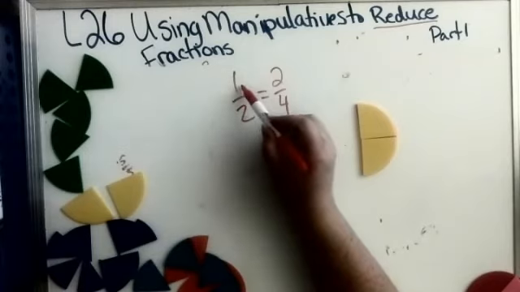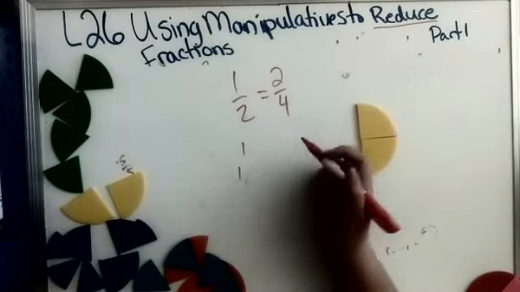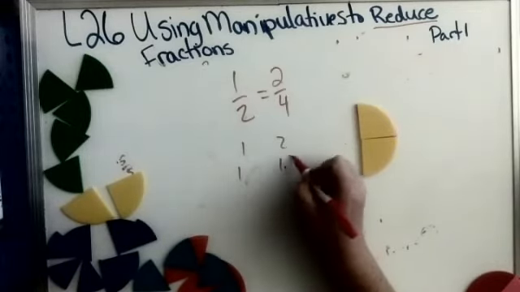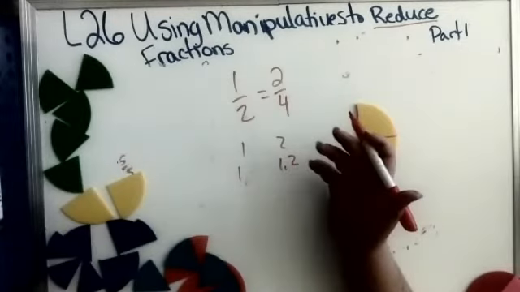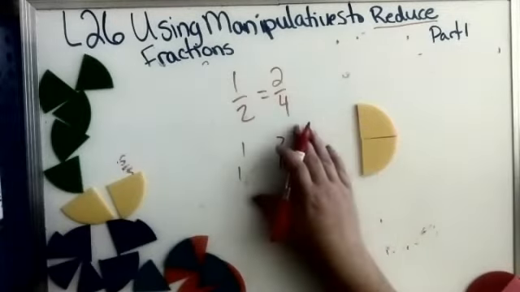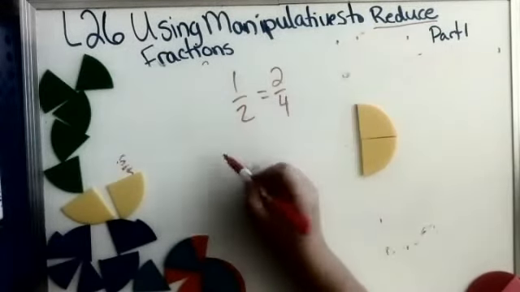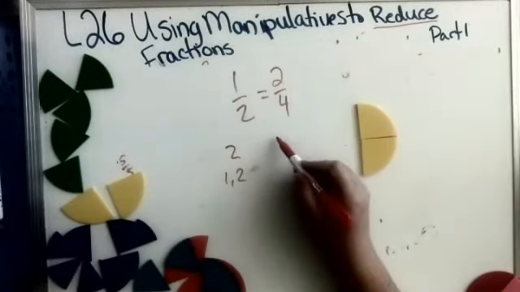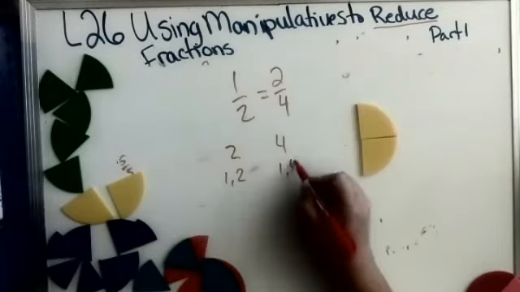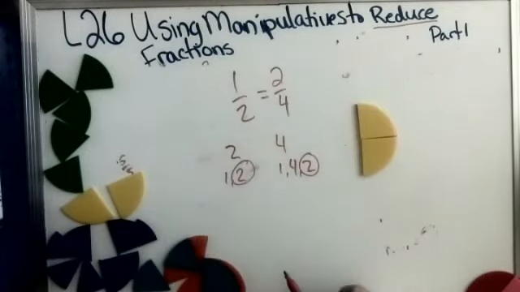If I tried to find the greatest common factor between 1 and 2, well, 1 is just 1, and 2 is just 1 and 2. So the greatest common factor they have in common is 1. When you get to that point, you can no longer go lower. This is lowest terms. For 2/4, if I was looking for my greatest common factor to be able to do division, my greatest common factor is 2.